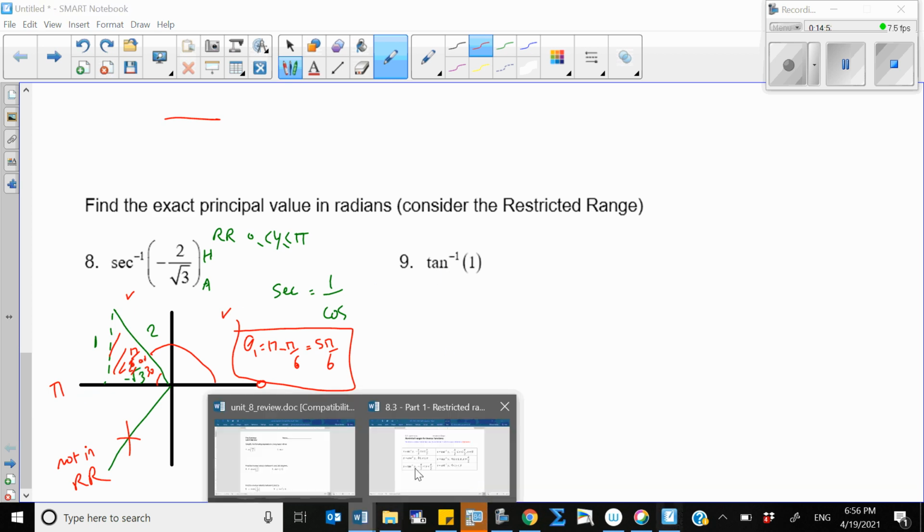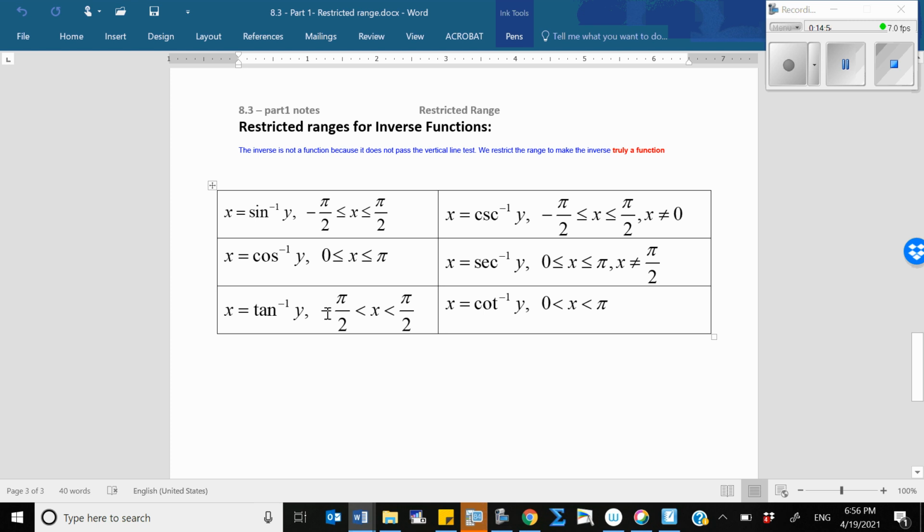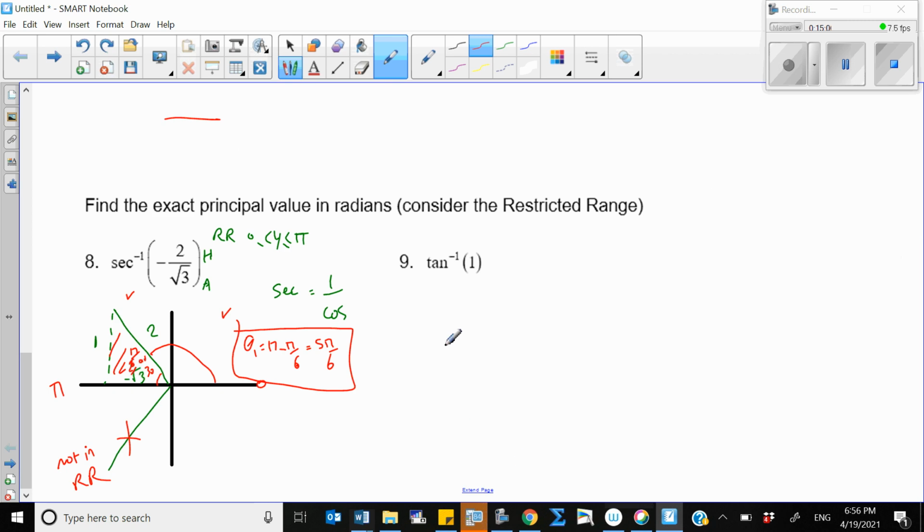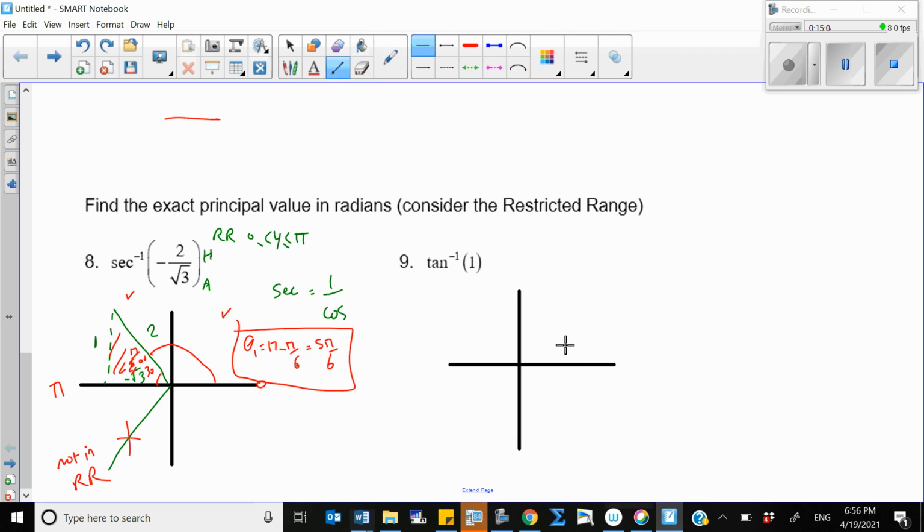For example, tangent. Tangent has a restricted range between negative pi over 2 to pi over 2. That means if I have the coordinate plane, negative pi over 2 is here and pi over 2 is here.